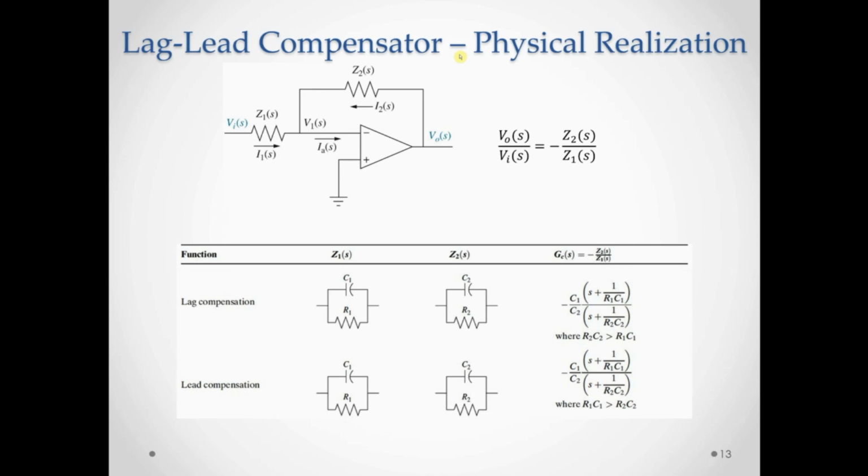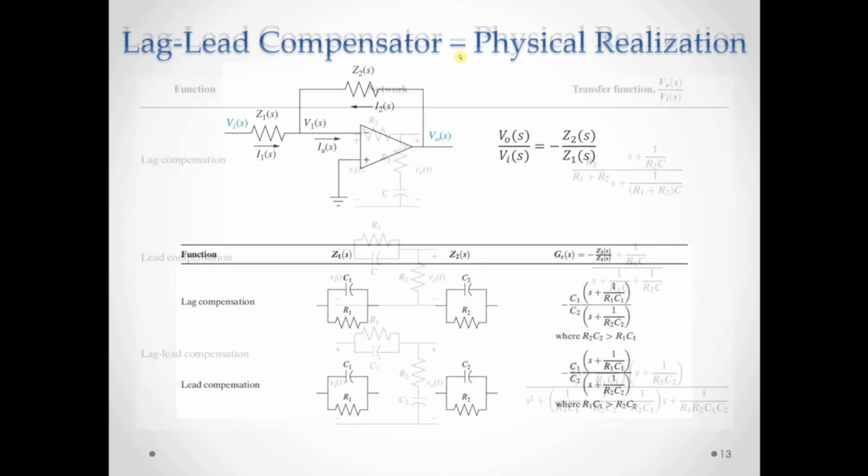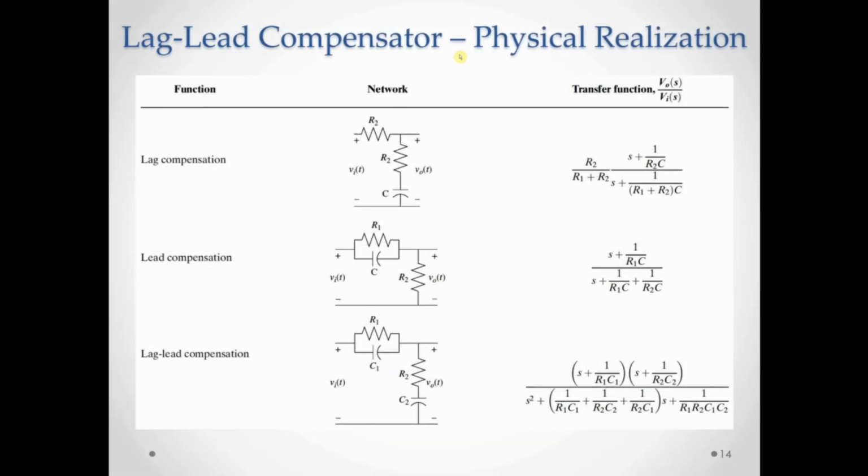From the perspective of implementing a compensator, there is one advantage of lag-lead compensators over the PID controller, which is that you can actually use passive elements to implement a lag or lead compensator. On this slide, only passive elements are used to implement a lag and or a lead compensator. So this is how you can use the basic circuit components to implement the 6 compensators that we learned so far.